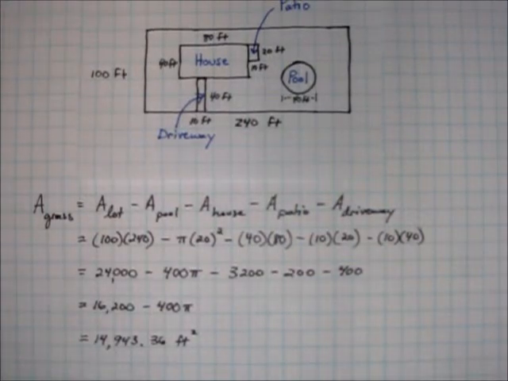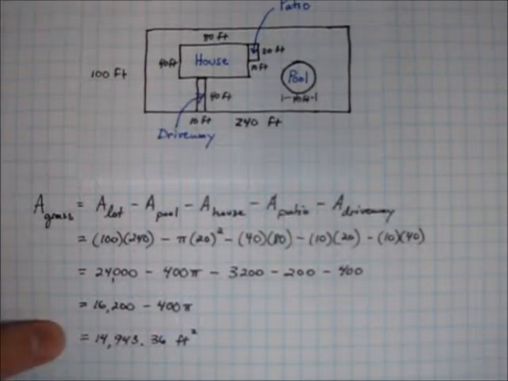Okay, what we're supposed to do is actually find the cost, though, to cut this lawn. And the cost is based on the area, so we've now found the area, and we know that the ABC Lawn Service charges 3 cents per square yard of lawn. Okay, so right away we have a problem. We know the square footage of the lawn, but we don't know the square yardage.